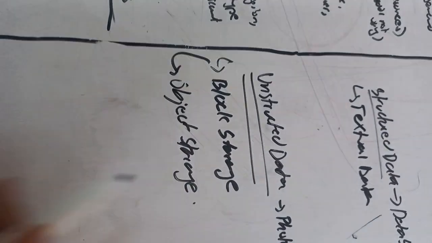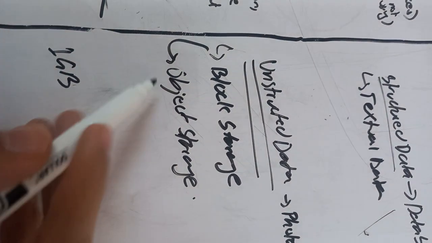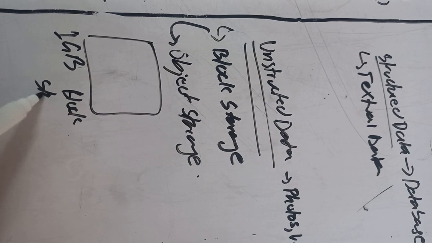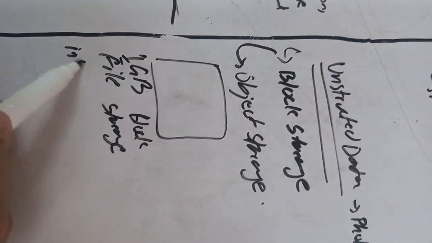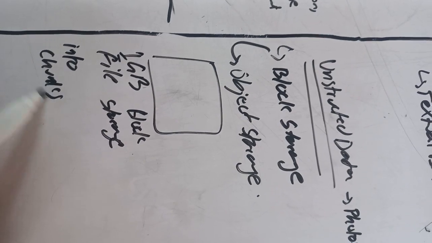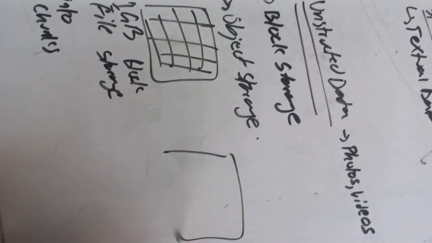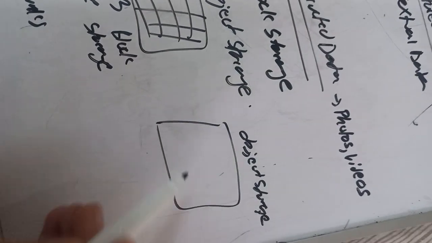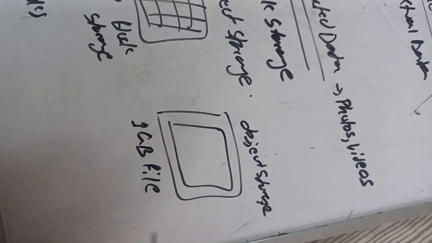You can imagine that if you have a file of 1 GB, then in block storage, you can divide your 1 GB file into chunks, whereas in object storage, you are not dividing it into chunks.